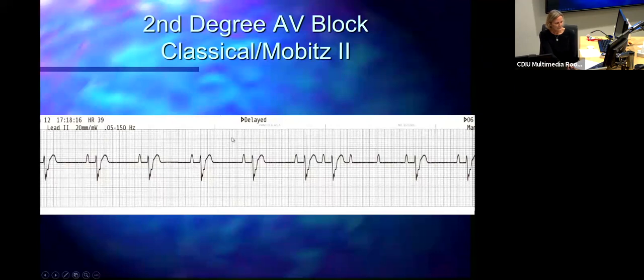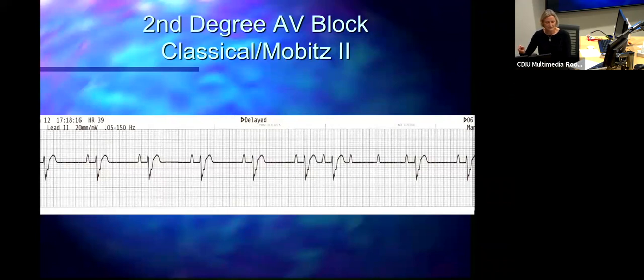So with 2nd degree heart block, remember, more P's than R's. If you look to see if the R to R is irregular, you're going to look for the twins and their dating habits, which is basically looking at the PR interval. In Wenckebach, the PR interval progressively gets longer each night till she stays out with her friends, and so her mom doesn't see her, so there's a gap in time making the R to R irregular.